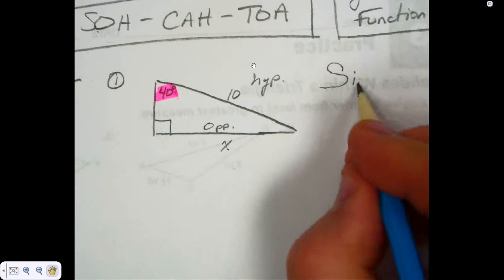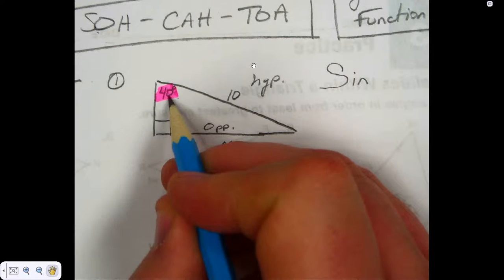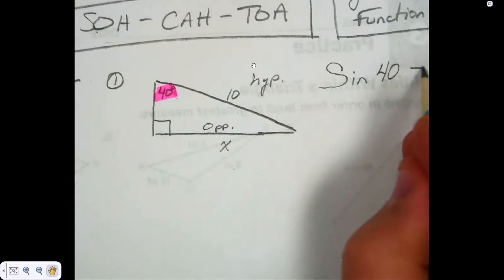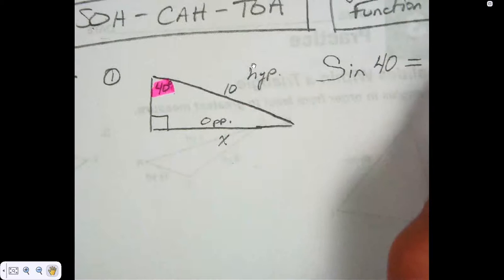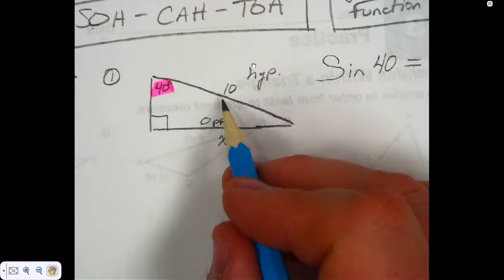Sine of an angle. What is our angle? 40 degrees is equal to the opposite. What is the opposite? Over the hypotenuse, which is?